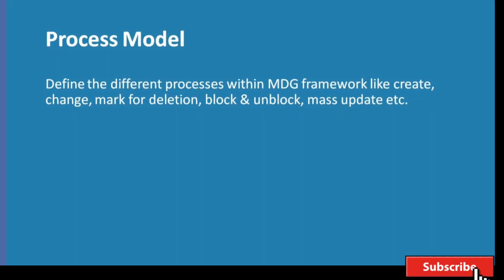In the data model, we have seen that based on different domains like material, customer, vendor, finance, custom object, we basically create one data model where we have attributes, entity types, relations, and then we have the respective SMT mapping.